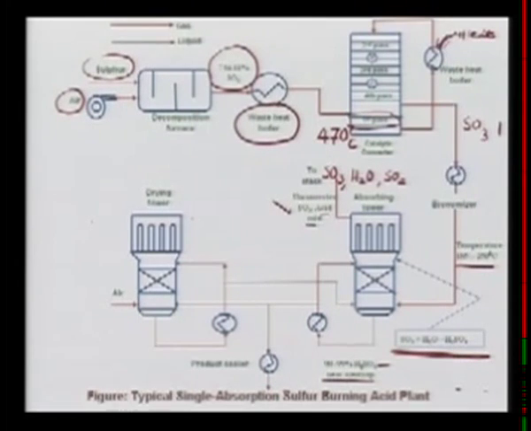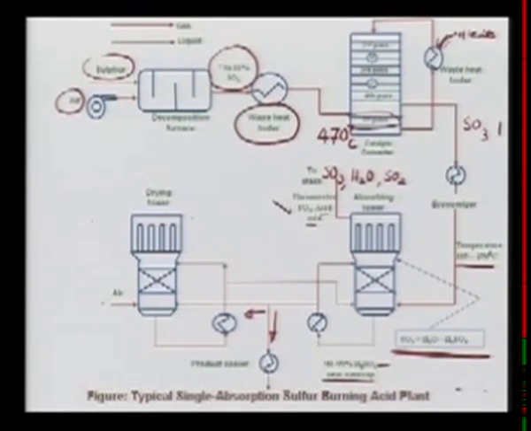As you are using this sulfuric acid, it is getting concentrated because it is dissolving more SO3 and reacting to form sulfuric acid. Once you get the required strength of sulfuric acid, it can be taken out, and this one stream can go as a product. Some portion of this is taken to the air drying towers.